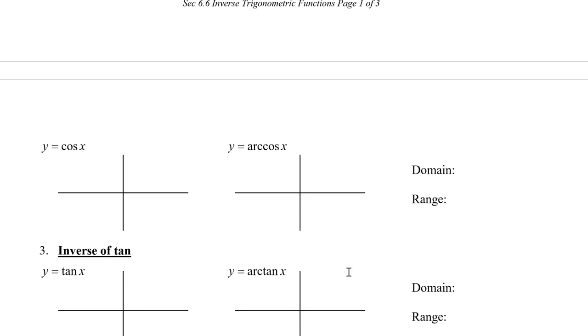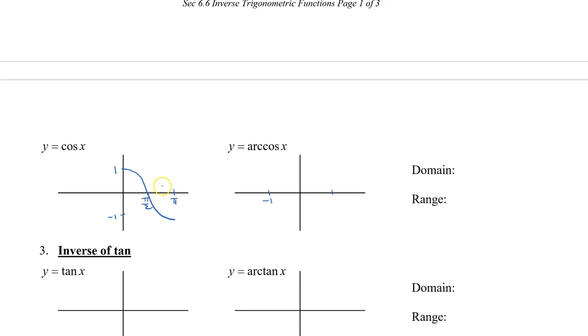So the inverse cos, we also need to restrict the domain. So what we're going to do for cosine is take the domain from 0 to pi. So the inverse, when we draw this, it's going to look a little bit weird.